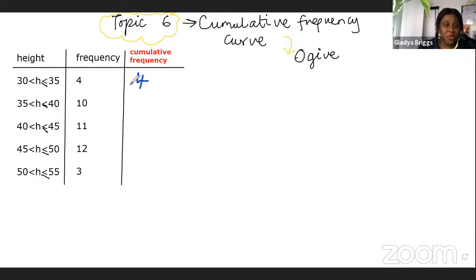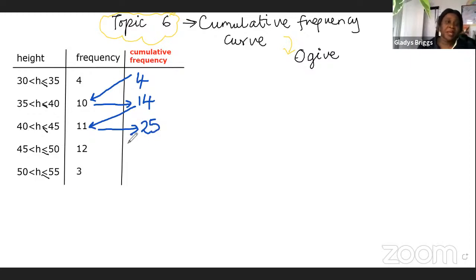Because 4 add 0 is 4. Now the next one would be 4 add 10, and it will be 14. Okay, and the next one would be 14 add 11, and that will give us 25.